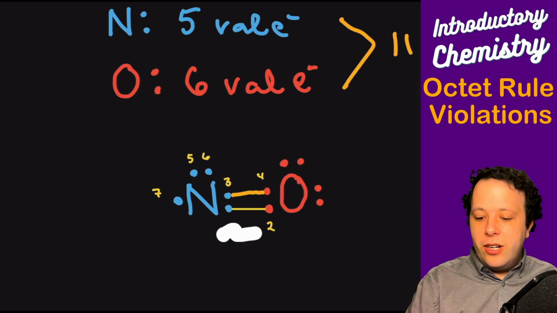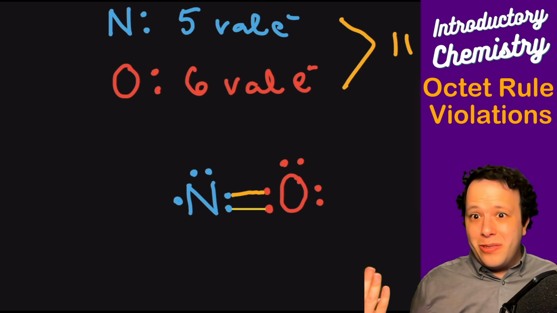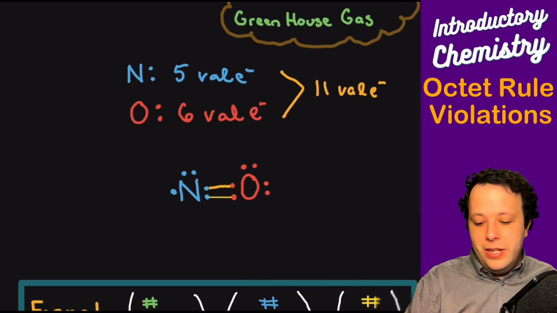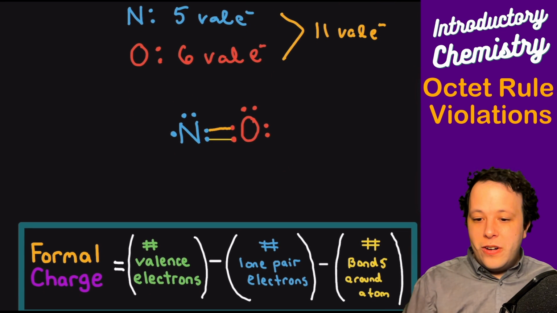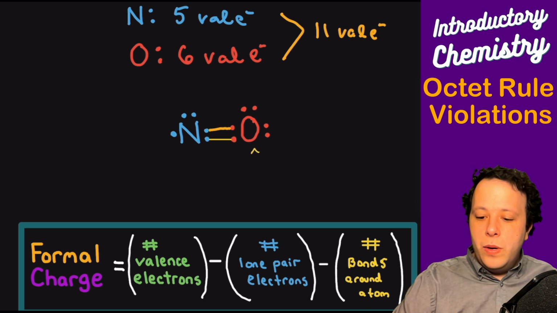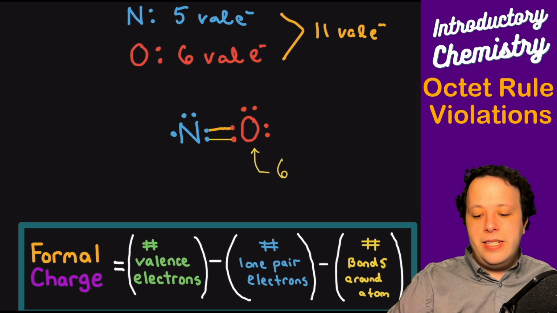And where can it grab it from? It can't just steal one from oxygen because oxygen's perfectly fine. It doesn't want to all of a sudden give one up. So this is where formal charge is something that will be a factor here. So we could calculate it. Does the structure make sense the way we have it? Well, let's do it for oxygen. It has 6 valence electrons.